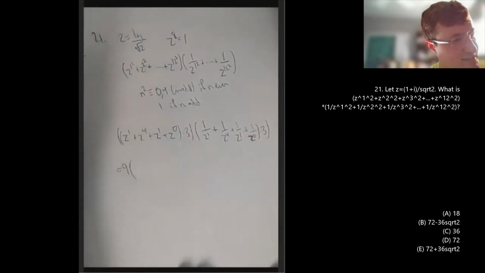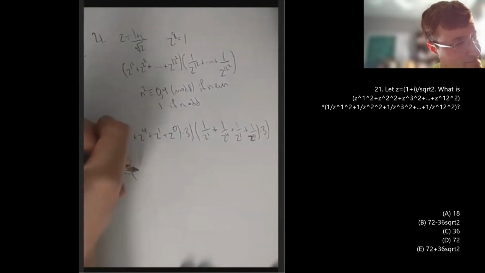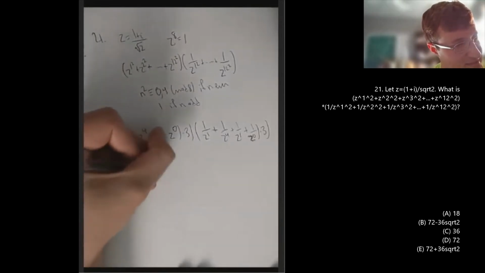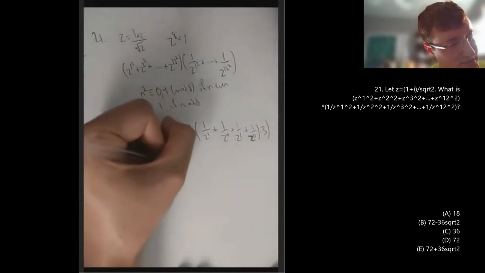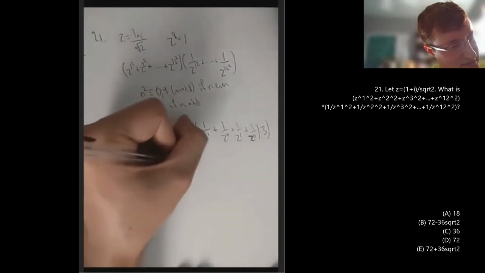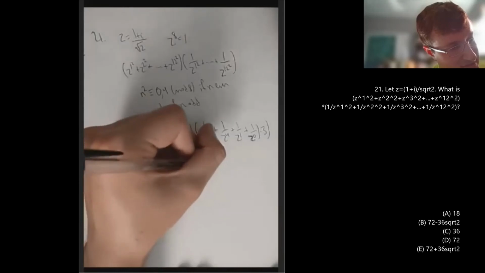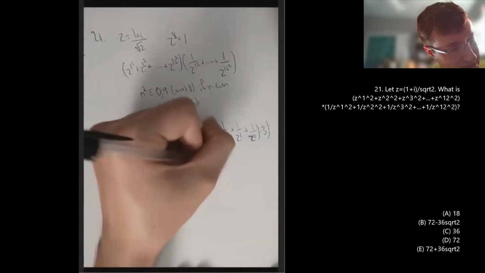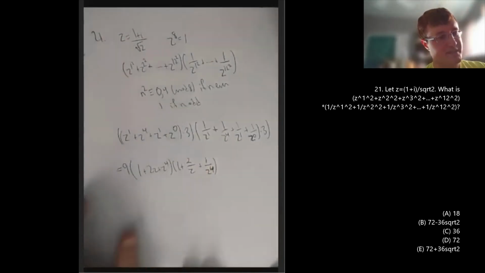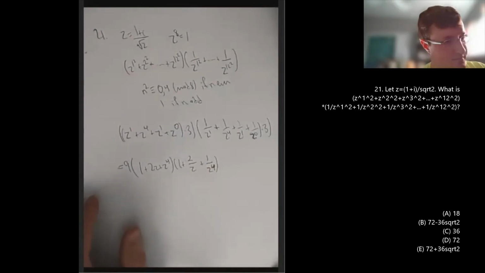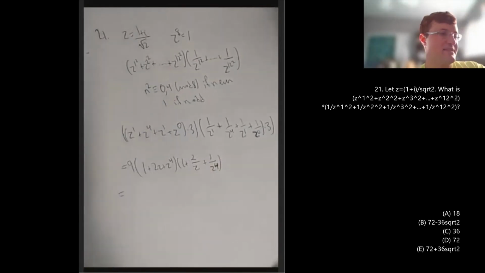So it's 9 times (1 plus 2z plus z to the 4th) times (1 plus 2 over z plus 1 over z to the 4th). Okay, now how should I do this without it getting too messy?